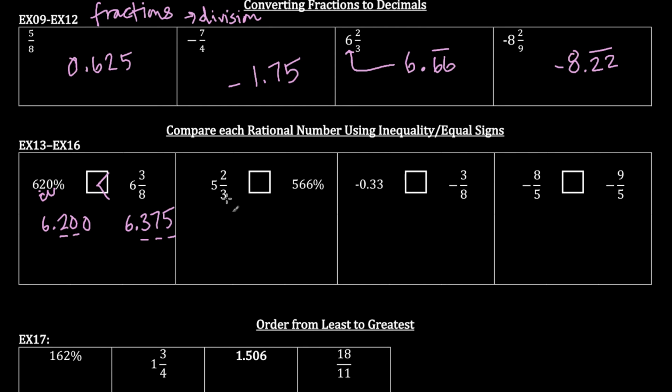Let's do this again. So 5 2/3. Well, 2/3 was 0.6 repeating. So this is 5.66 and goes on forever, right? This one, my decimal goes down 2 to the left: 5.66. This does not go on forever. Remember, in this case it would be weird to put a line there, but it just doesn't go on.